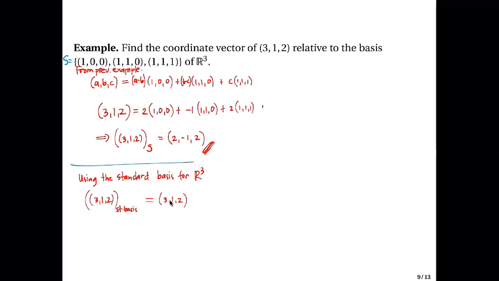This is our regular coordinate system. So in the standard basis, 3, 1, 2 is still 3, 1, 2. But using a different basis, the coordinates of 3, 1, 2 using this basis S here become 2, negative 1, positive 2. Okay? Question?